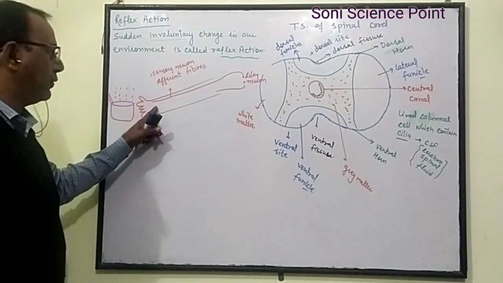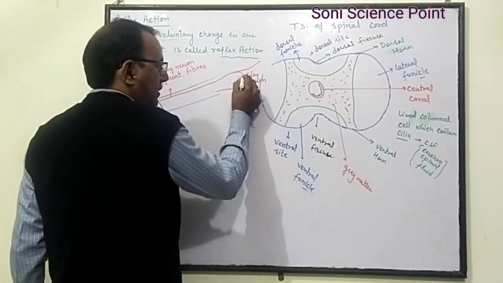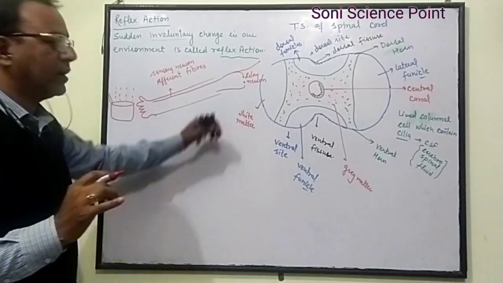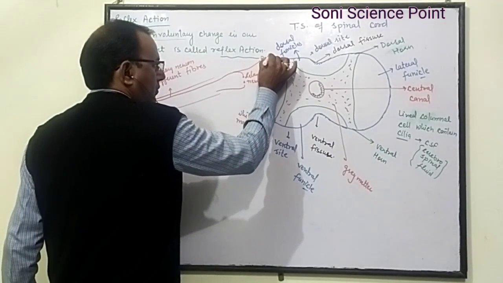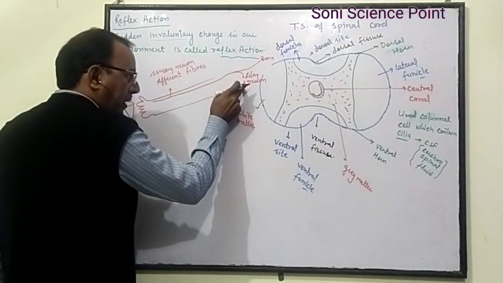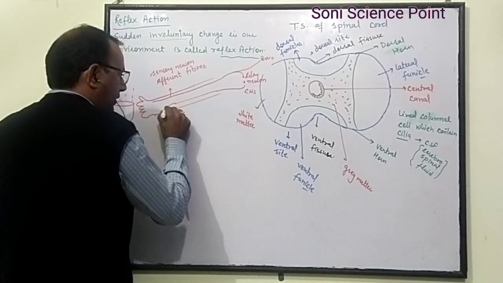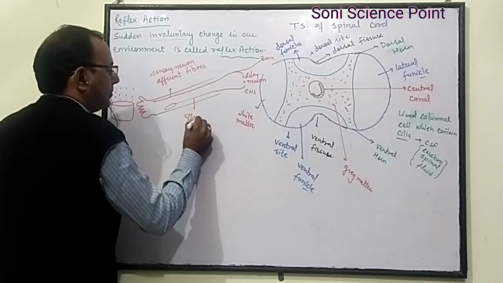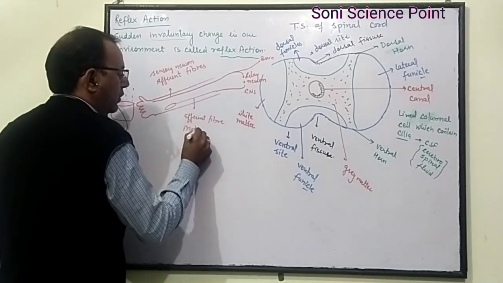It transmits the signal from the effector to the CNS, and because this is the spinal cord, the sensation is also provided to the brain, which controls the sensory system. These signals are also transmitted to the brain, and from the CNS to the effector organ the information is transmitted by the efferent fiber, or we can say the motor neuron.